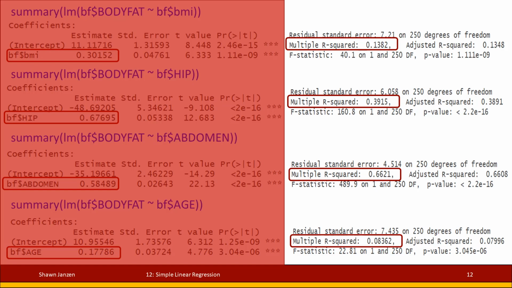But right now, in an unstandardized format, we cannot directly compare regression coefficients both within a model and across models. But what we can do is look at the R-squareds, right?